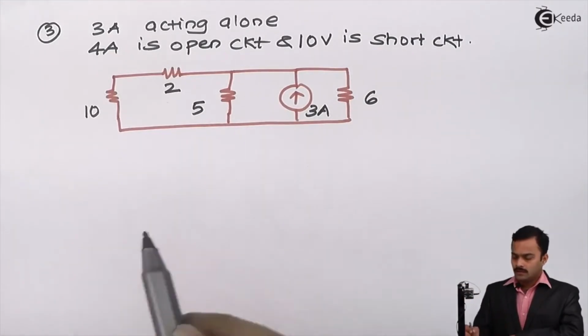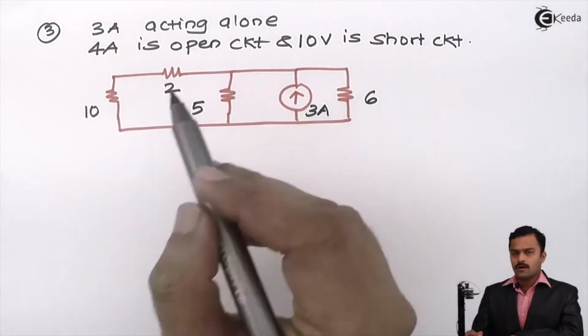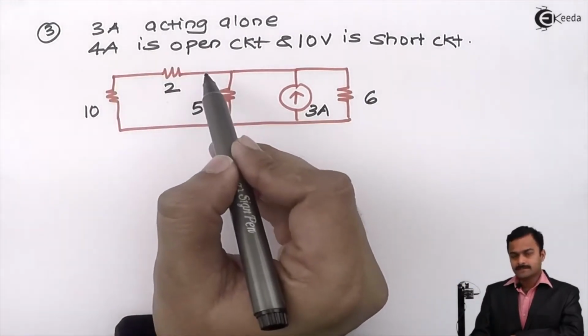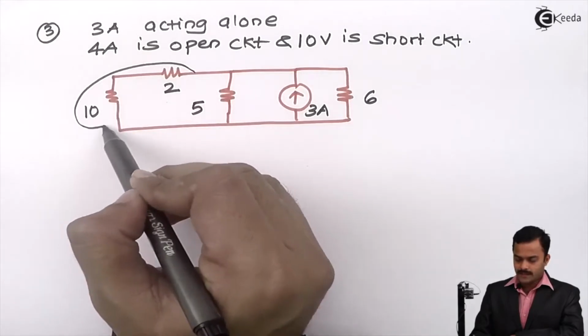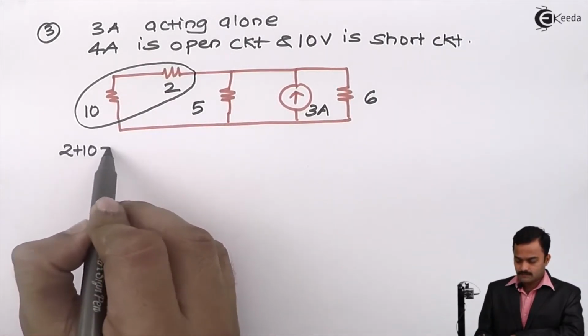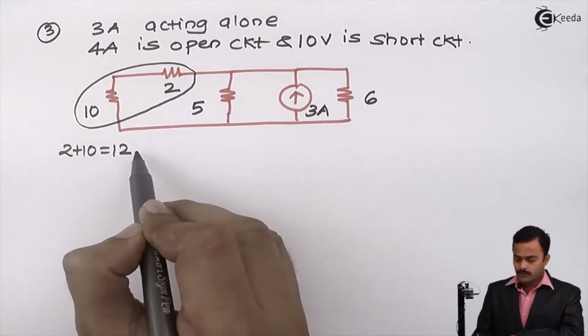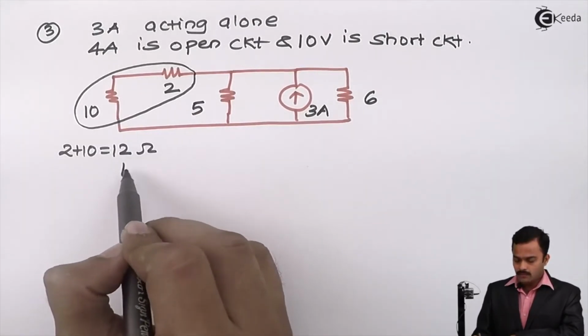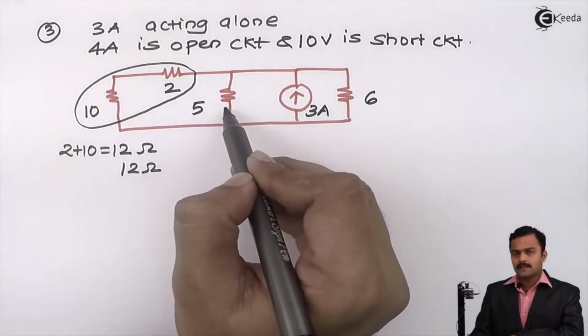But how to convert this into one resistance? It is very simple. 2 and 10 are in series, so that will give you 12 ohm. And this 12 ohm will be in parallel with 5 ohm.